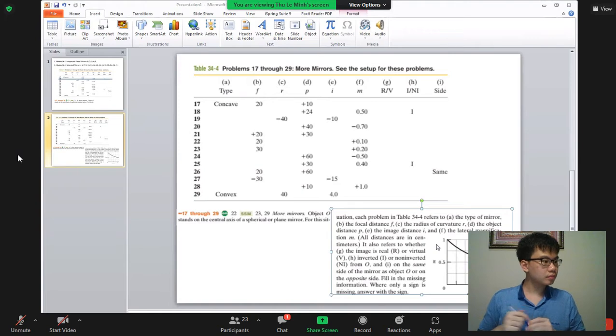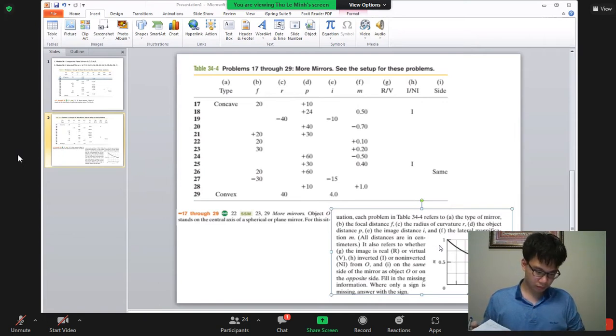The object distance P, the image distance I, the lateral magnification M, and all distances are measured in centimeters.